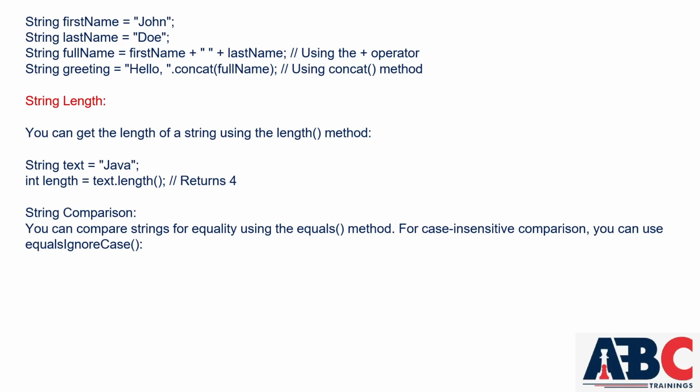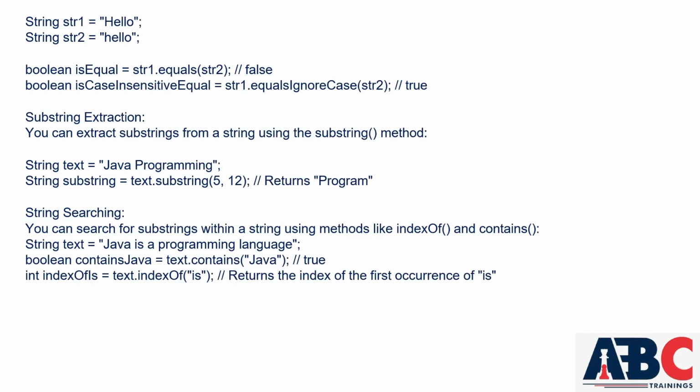Then string comparison, which is equality. Use the equals method for case-sensitive comparison. For case-insensitive comparison, you can use equalsIgnoreCase. The first string is Hello with capital H, e, double l, o, and the second string is hello with small h, e, double l, o.